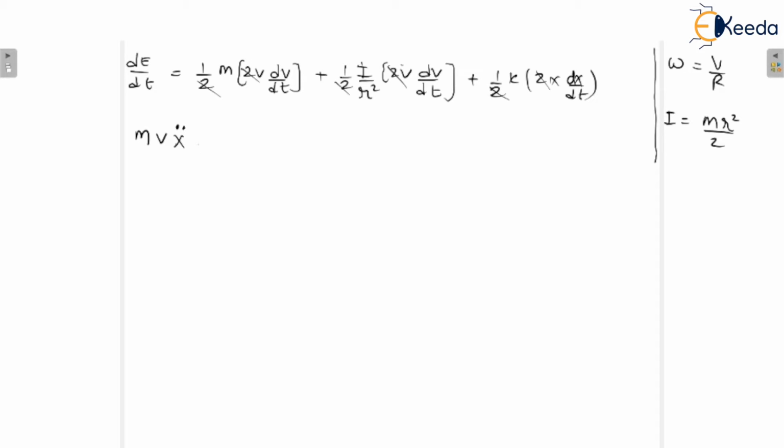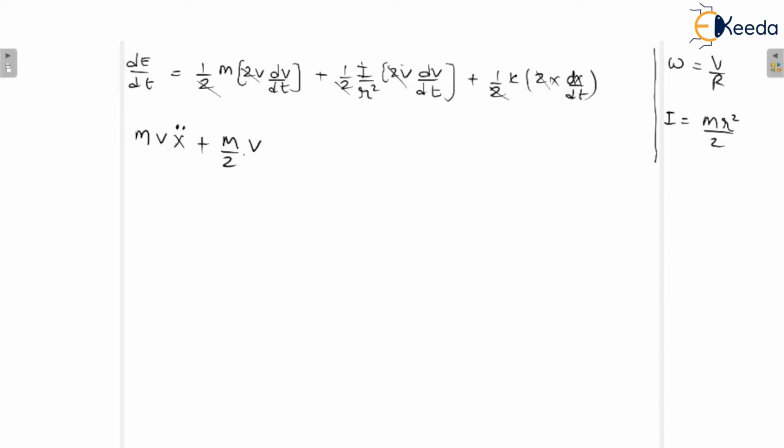So that would be plus I, meaning mr square by 2, over r square in the denominator. Both r squares will cancel out each other, so I'm just writing here directly.